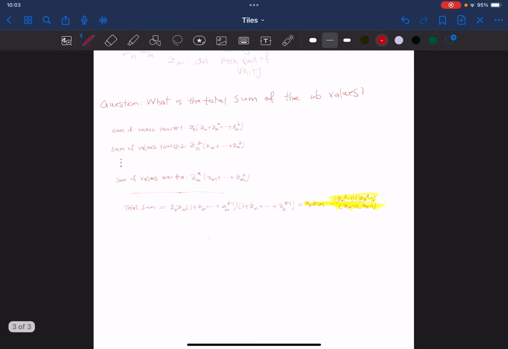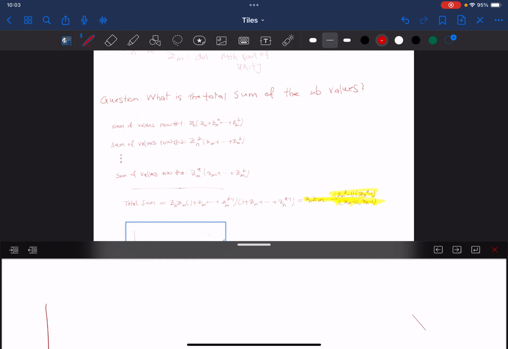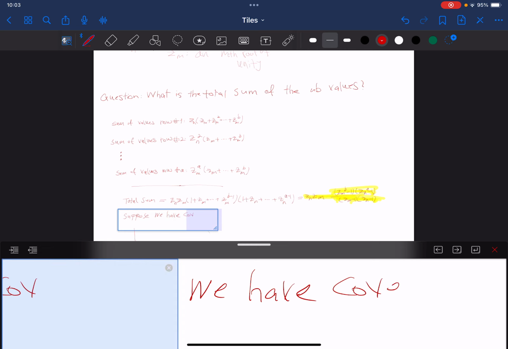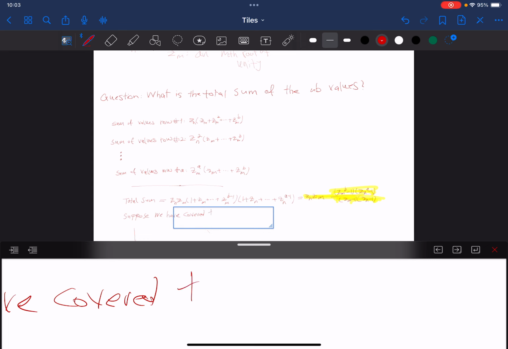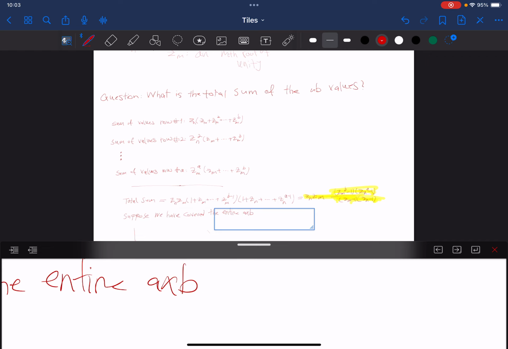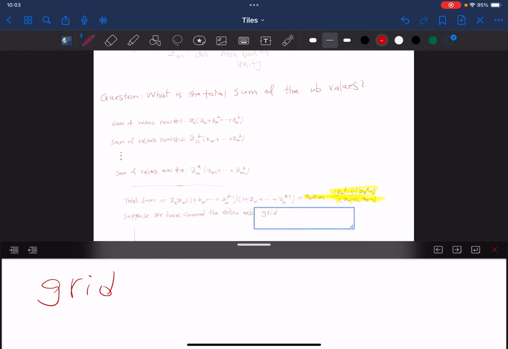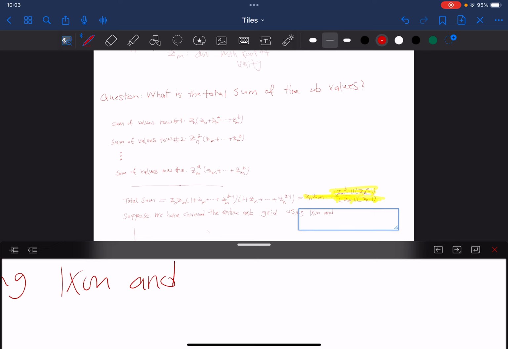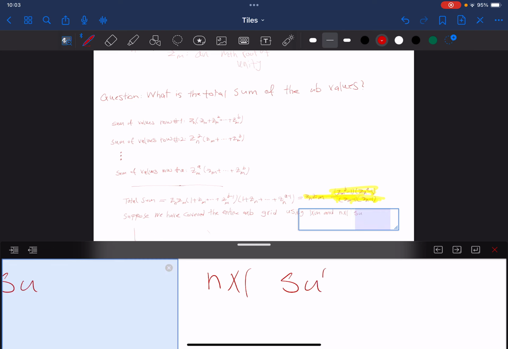And now suppose that we have covered the entire A by B grid using 1 by m and n by 1 subgrids.